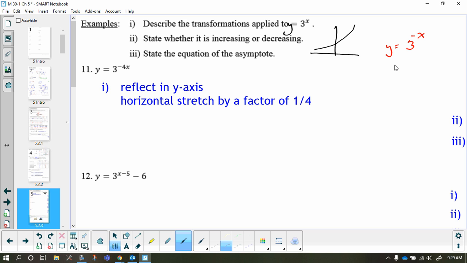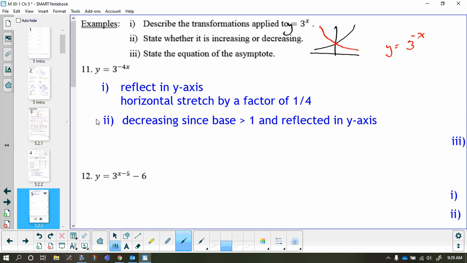This will be an invariant point. This point that was up here increasing is now going to be up here on this side, and my graph will decrease and curve in this direction. So now, even though my b value is greater than 1, my function is decreasing because of that reflection. Again, there's no k value, and so the asymptote is still y equals 0.